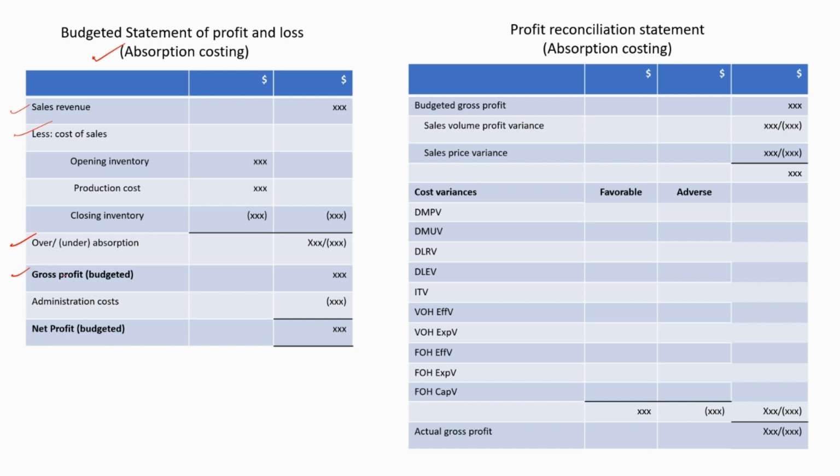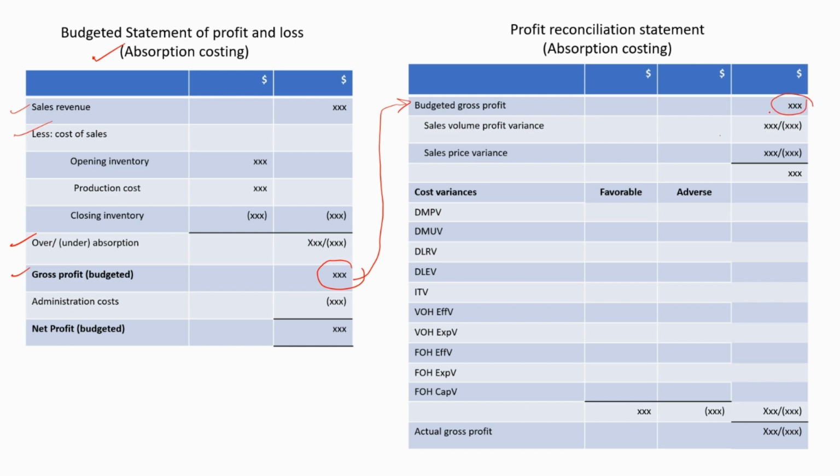This is the budgeted amount. In order to reconcile the profit, we have to start from the gross profit under absorption costing. So this budgeted gross profit amount will be the first line of the profit reconciliation statement for absorption costing. So we enter this value here.